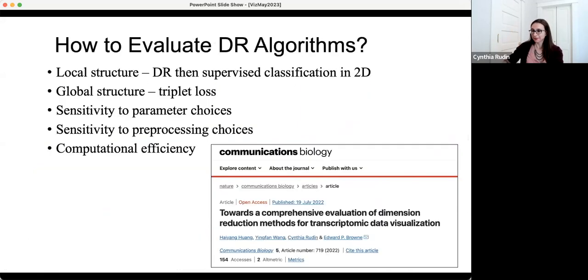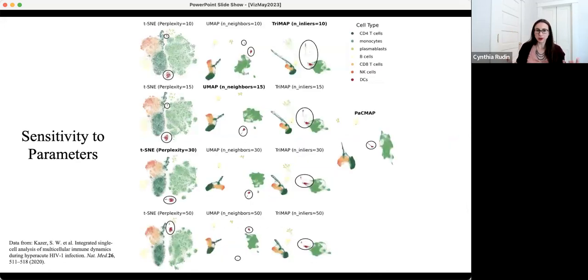Okay, so let's go to sensitivity to parameter choices. What you don't really want is clusters splitting off and doing other things. You really want the global structure to be robust to parameter choices. And we already knew from the very beginning of the talk that t-SNE doesn't have that. So here, for instance, these two bits of the same cluster are on totally opposite sides of the DR plot.